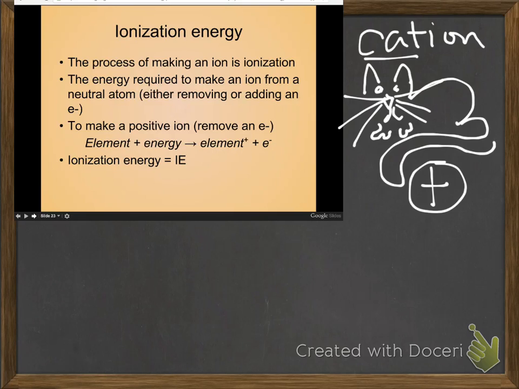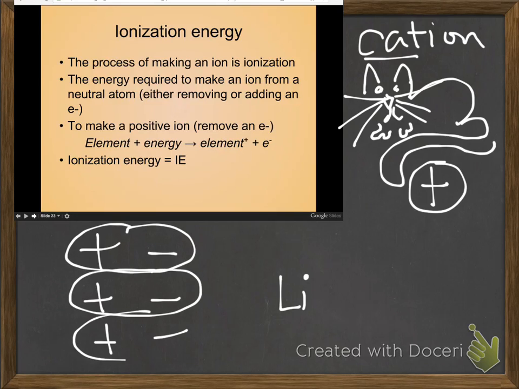Now, this is the tricky part. This is the part that always throws people for a loop, and maybe it won't throw any of you for a loop. That would be wonderful. To make a positive ion, do we add or subtract electrons? Okay. We lose electrons. And the thing I used to teach when I taught physical science was that little diagram. So imagine that this is lithium. Right now it's neutral because for every positive there's a negative, so they all balance out.